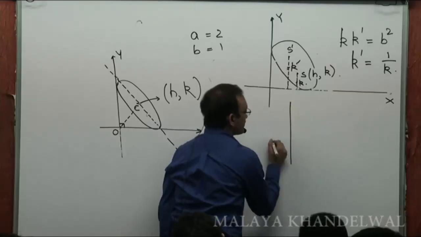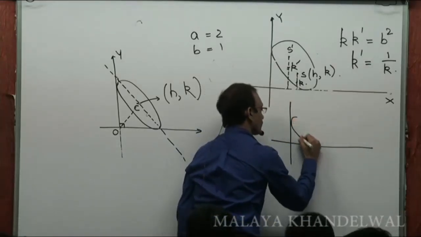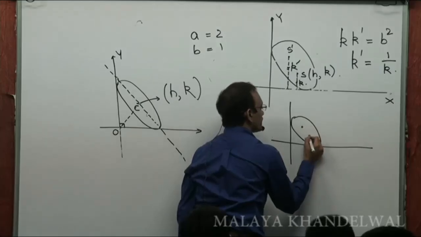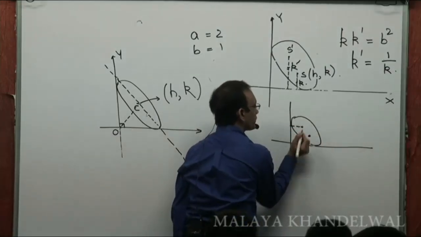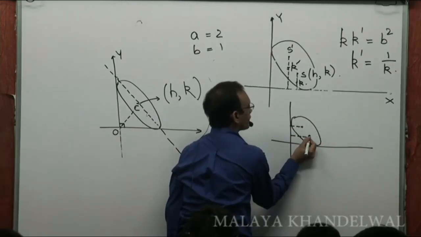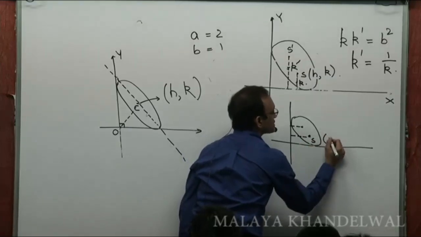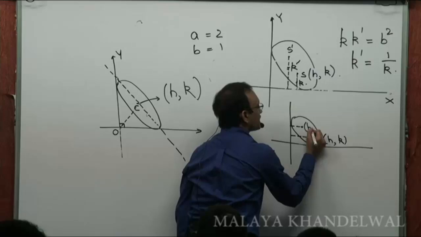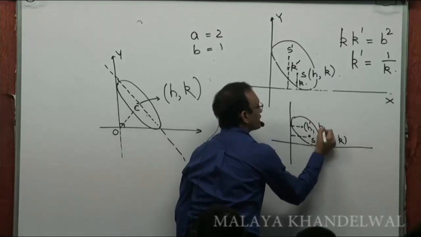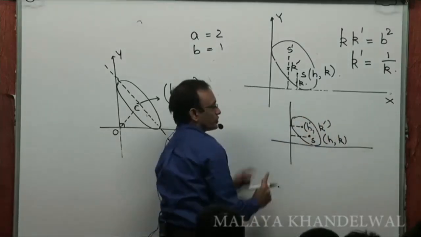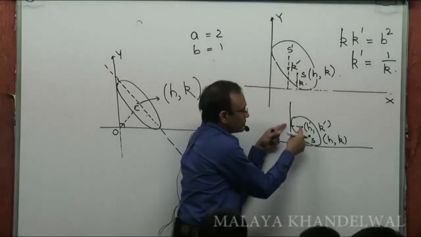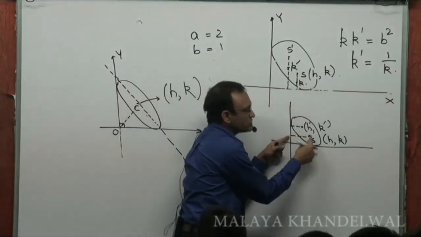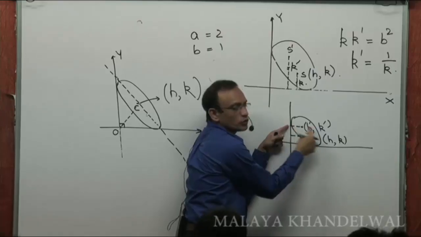Now, again in exactly the same way, these are S and S prime. If S has x coordinate h, y coordinate k, and S prime has x coordinate h prime and y coordinate k prime, then on this tangent, the perpendicular from S onto the y-axis would be h, and from S prime onto the y-axis would be h prime.